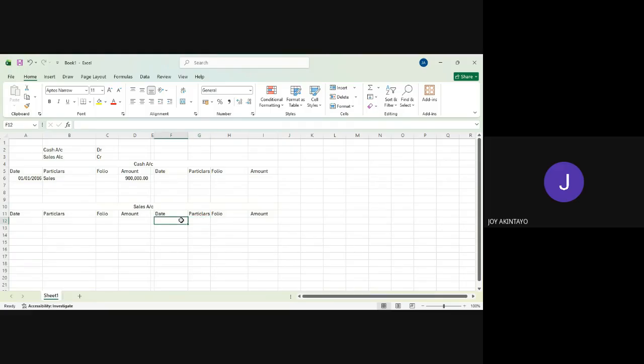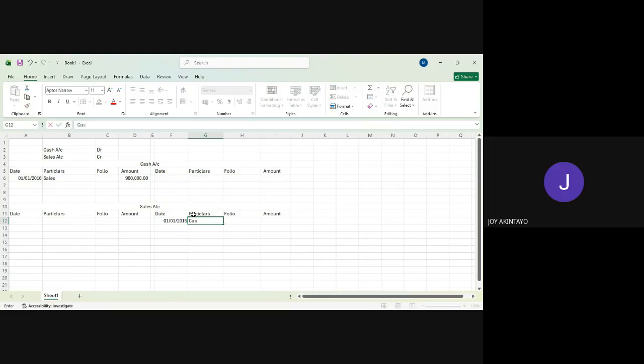So with the same date, then it's coming from which account? The same one. We are giving the money to cash accounts. Are we together?